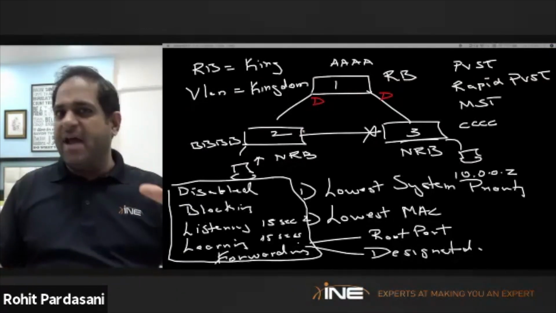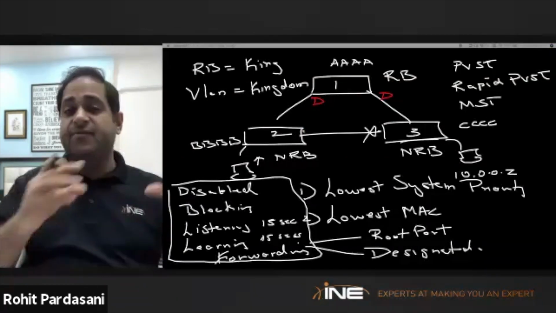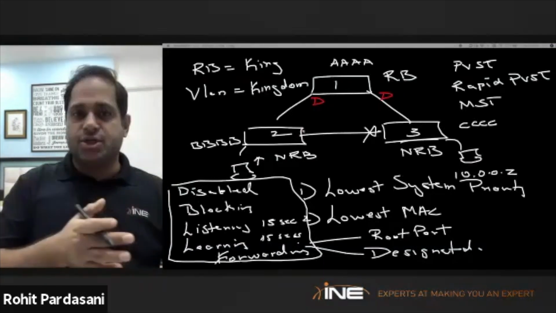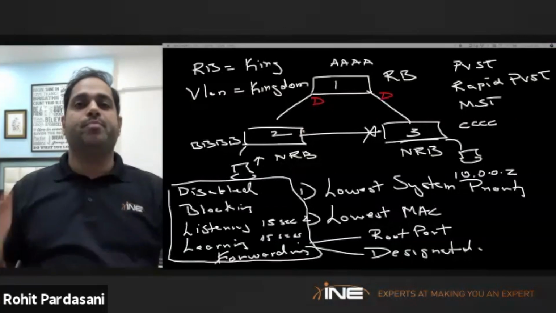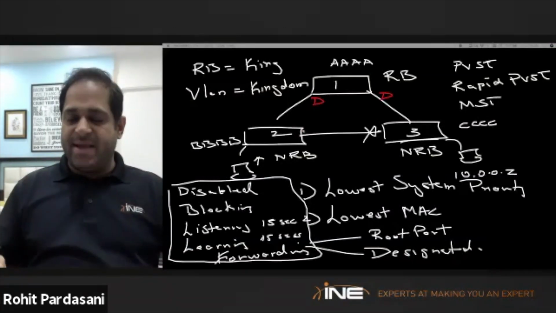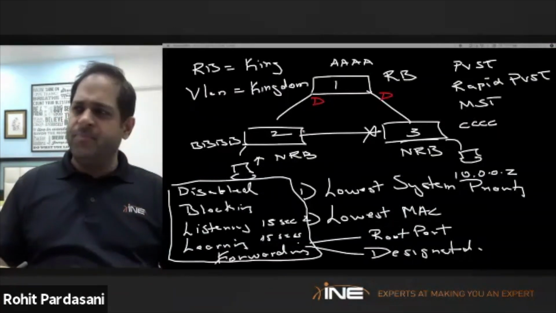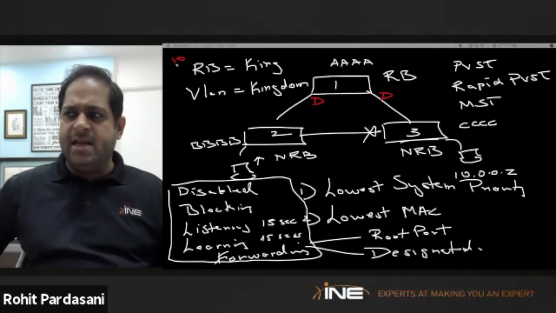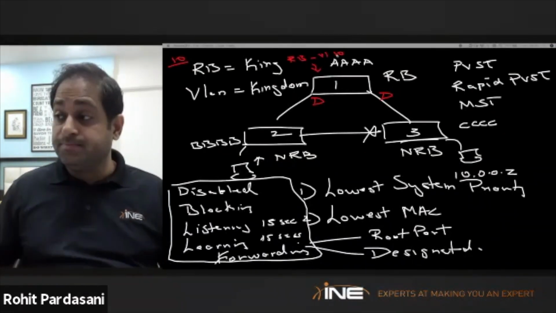So if I have 5 VLANs, I would have 5 spanning tree instances. And obviously there would be a separate election process for root bridge selection, port selection, all that done separately for every VLAN. So let's say we are talking about a specific VLAN, maybe VLAN 10, and switch 1 is the root bridge for VLAN 10, assumingly.